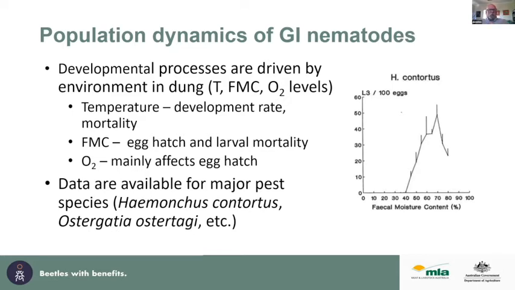We've got some pretty good data on many of these environmental parameters and how they influence the development rate of the major pest nematodes, such as Haemonchus contortus and Ostertagia. So we can get good life history parameters for those species and come up with a reasonable population model.